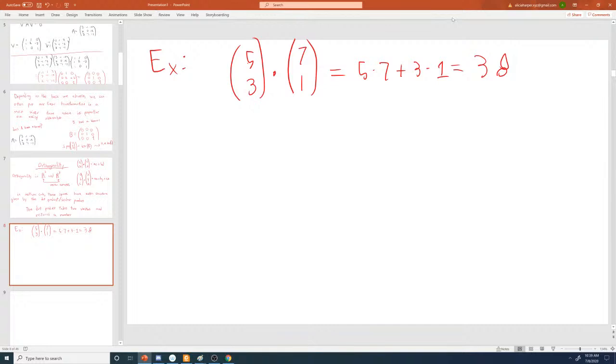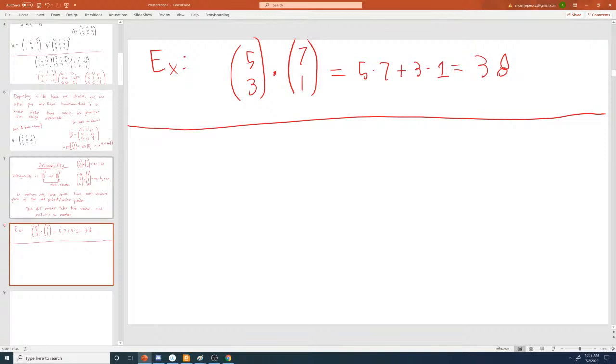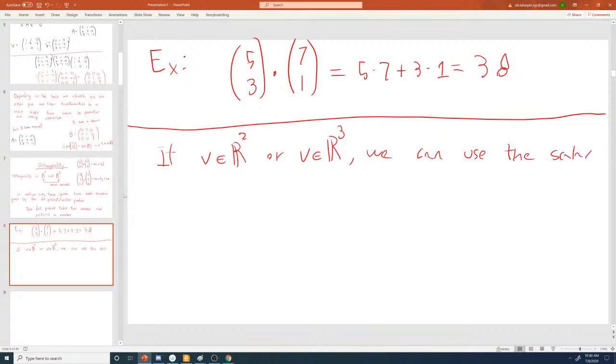Now, as you've probably seen, one important application of this dot product is it allows us to have a notion of distance. So if v is in R2 or v is in R3, we can use the scalar product to form a notion of distance.